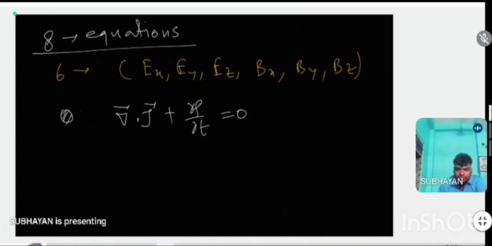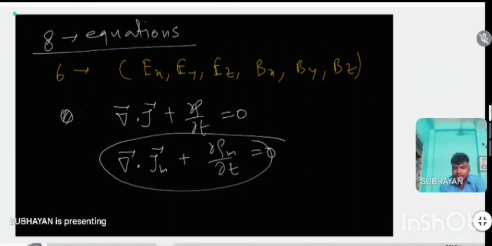This is the first interconnecting equation, and also the equation which is obvious, so that's why it is not written, which is for the magnetic current density, divergence of Jm plus del rho m by del t equals 0. So these two are the interconnecting equations. That's why you have only 6 independent equations. There are 8 equations explicitly, but as per their independence, there are 6 independent equations.